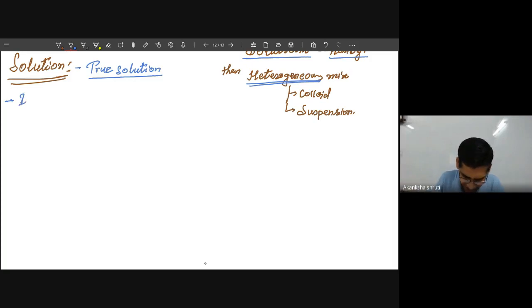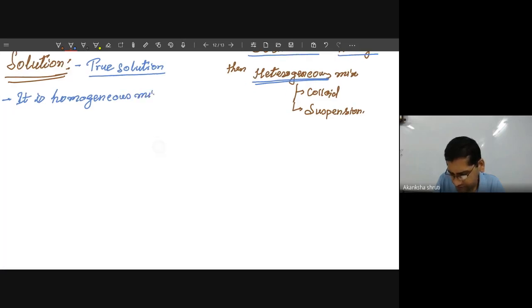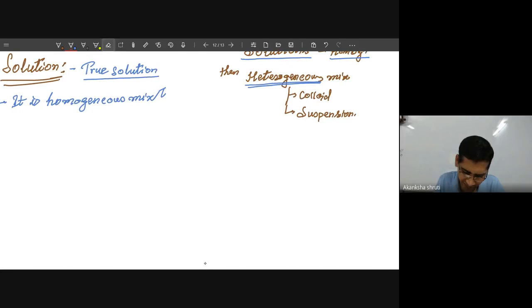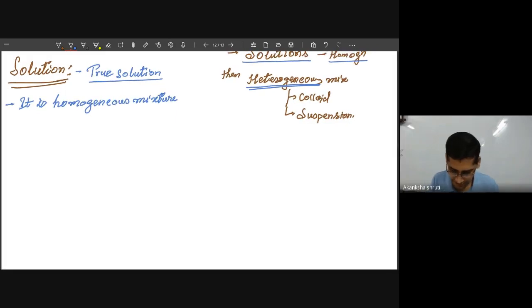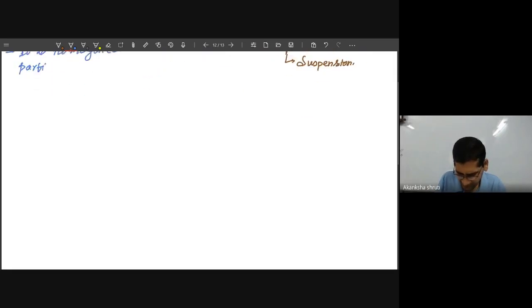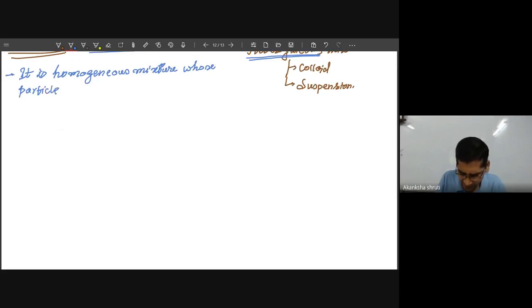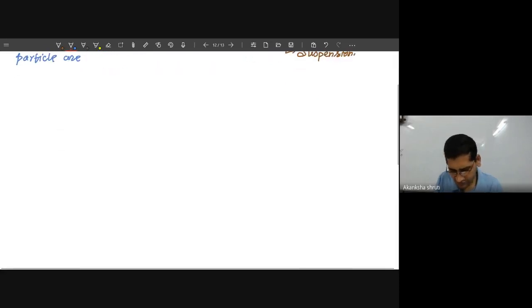So it is a homogeneous mixture whose particles are uniformly distributed. So write that term also. Whose particles are uniformly distributed.